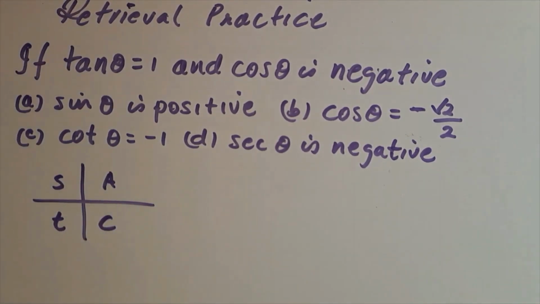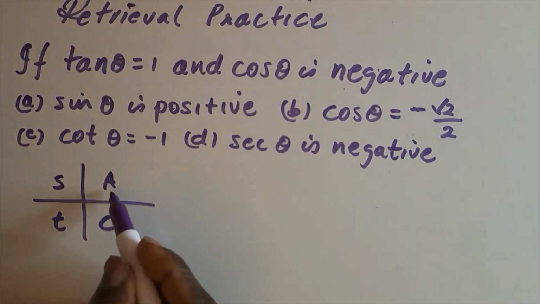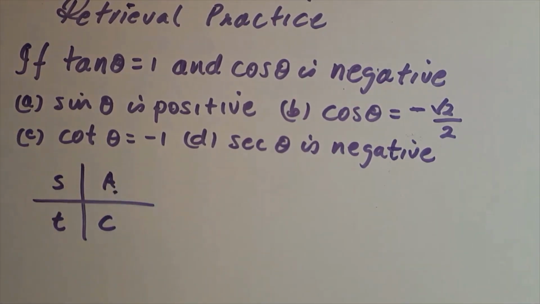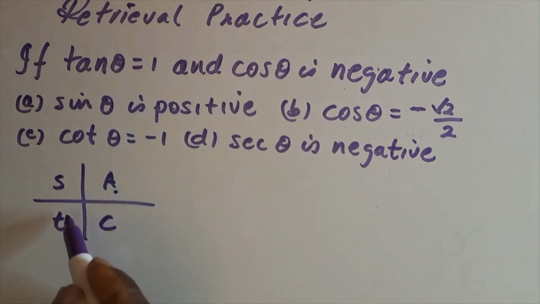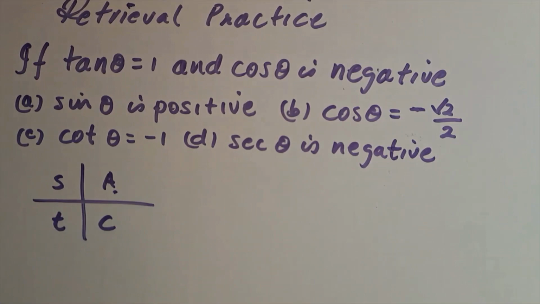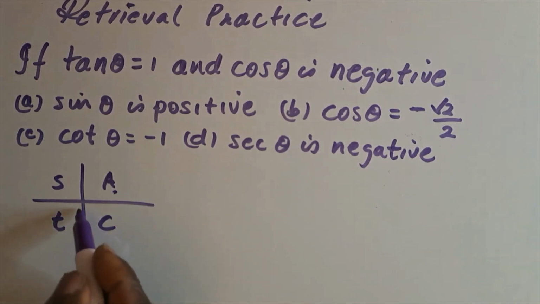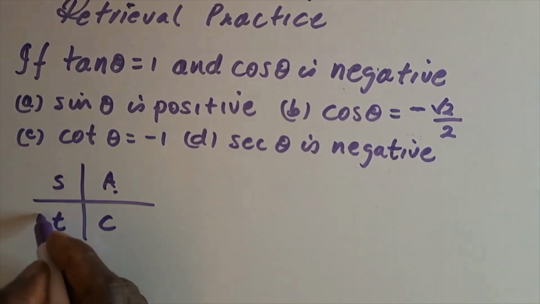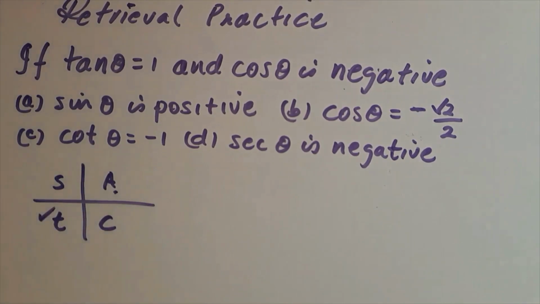Now if cosine is negative, then it cannot be in the first quadrant, because all the ratios are positive there. So tan theta is positive, and the only other quadrant where tan theta is positive is the third quadrant.